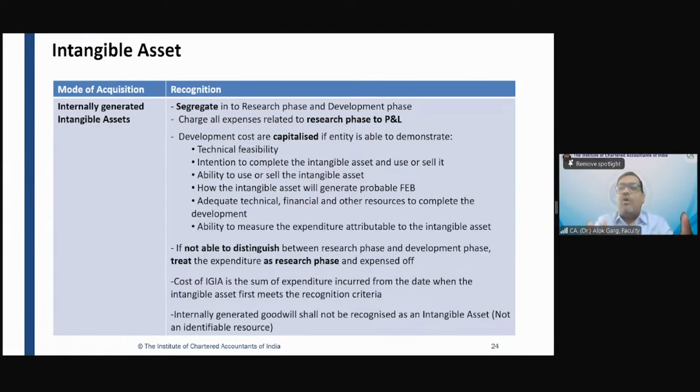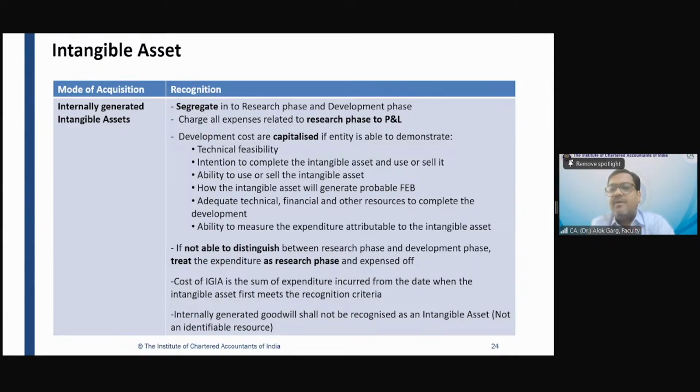All the amount expensed in the research phase is required to be recognized in the P&L. If there is any expense in the research phase, it has to be charged to the P&L. And whatever amount is spent in the development phase has to be capitalized as an intangible asset under development.